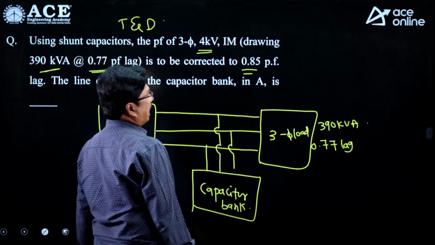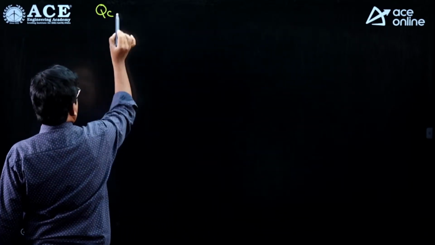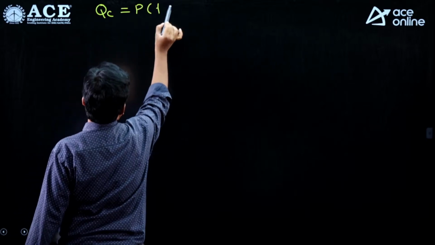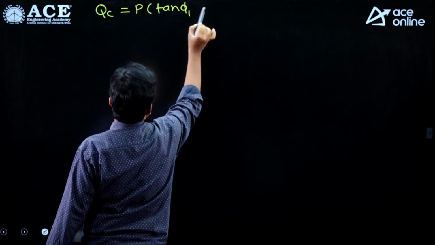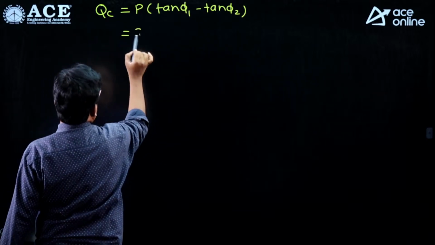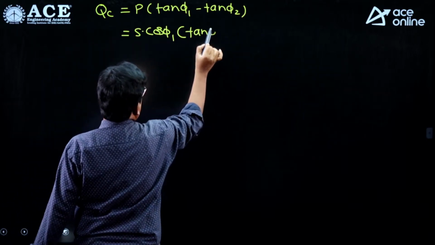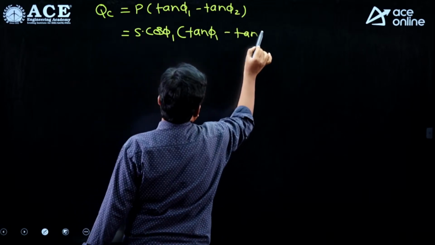Now we can calculate the reactive power supplied by the capacitor, QC, is equivalent to P into (tan phi 1 minus tan phi 2), where P is equivalent to S into cos phi 1. Here cos phi 1 is given as 0.77, and S is 390 kVA. So it is 390 into 0.77 into (tan phi 1 minus tan phi 2).